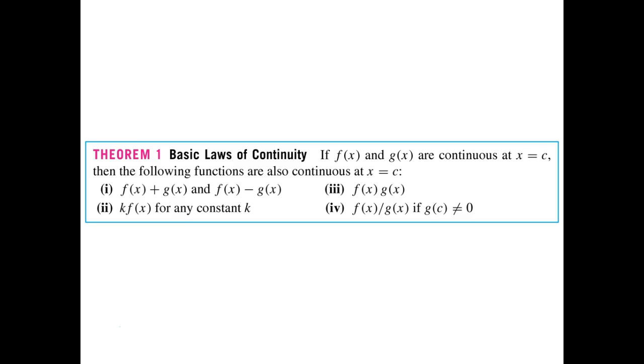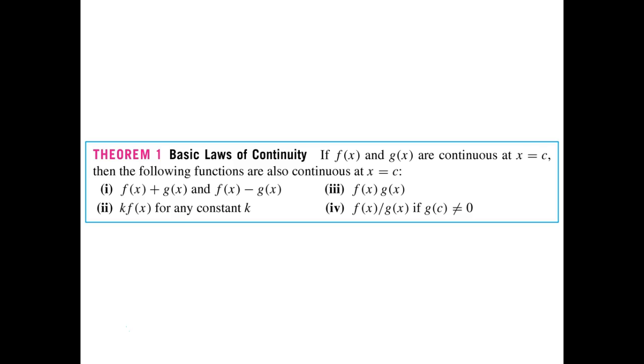The product of two continuous functions is always a continuous function, and the quotient of two continuous functions is always continuous as long as g of c, this is that point c, is not equal to 0. If g of c was equal to 0, that's not a continuous function anymore.